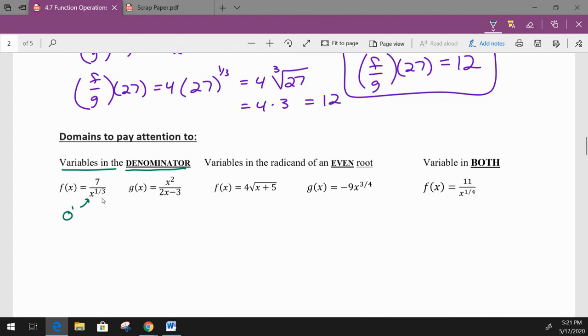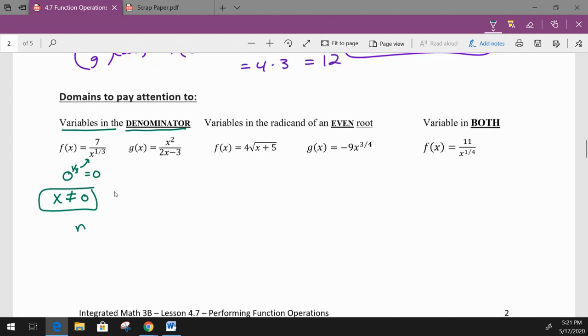So 0 to the 1/3 power would equal 0, which means that x cannot equal 0, because, again, anything divided by 0 is undefined. So that's why we cannot have 0 in the denominator. In this first example, your domain would simply be x cannot equal 0, or all real numbers except when x equals 0.